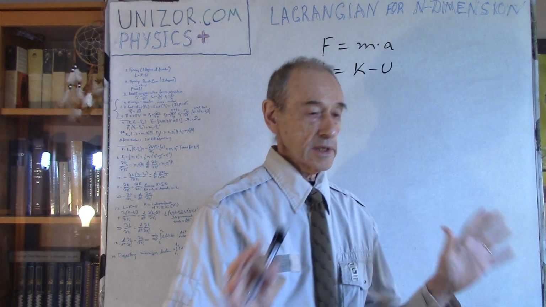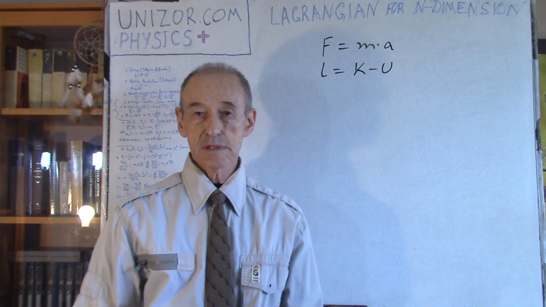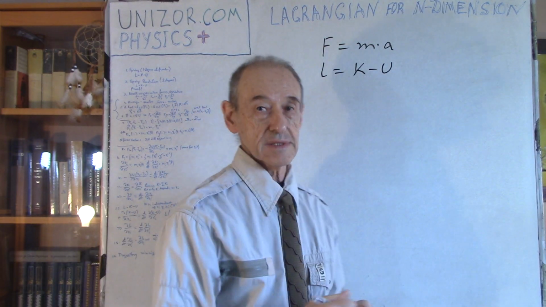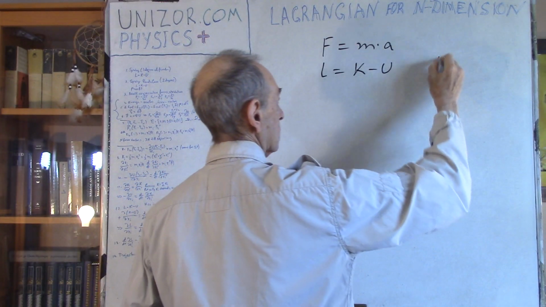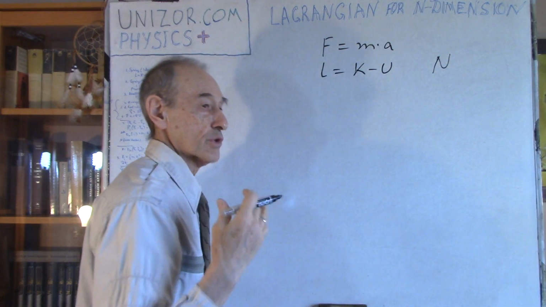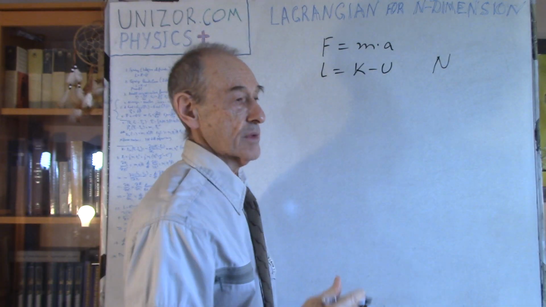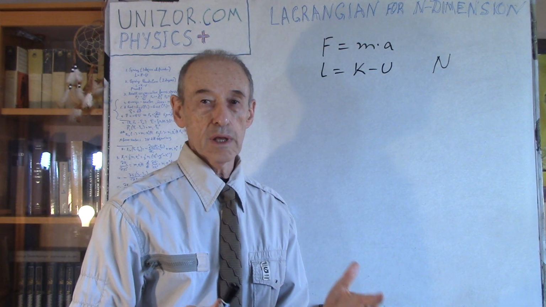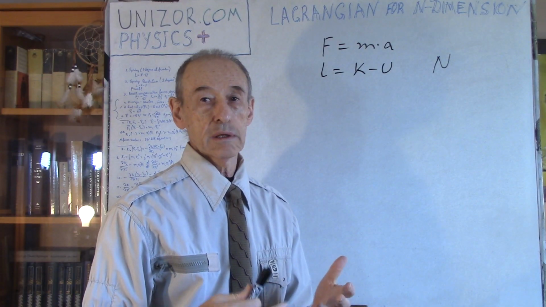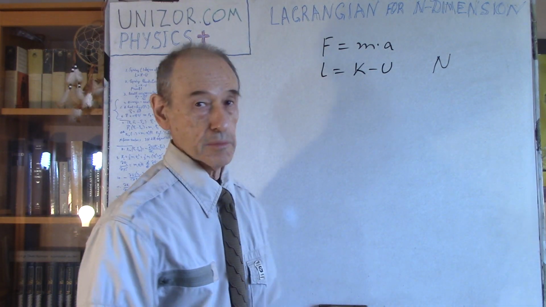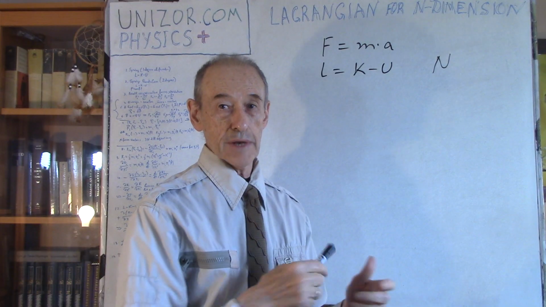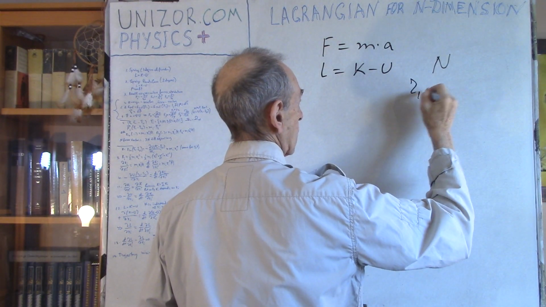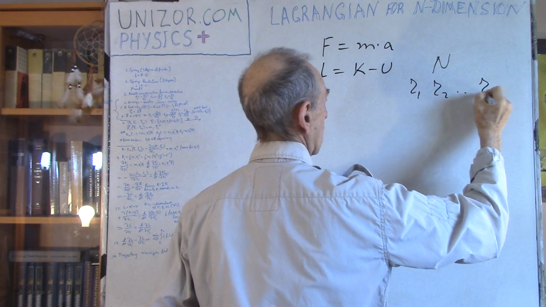Okay, now let's assume we have a system of n point masses. So you have n point masses in the three-dimensional case. Now, the position of this system is described by n three-dimensional vectors of position, right? So you have basically R1, R2, etc., Rn.